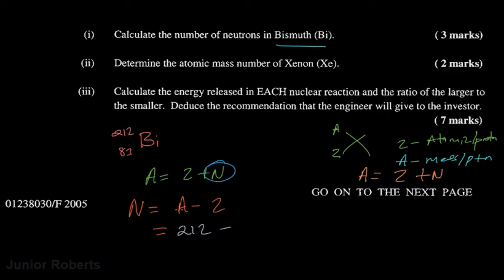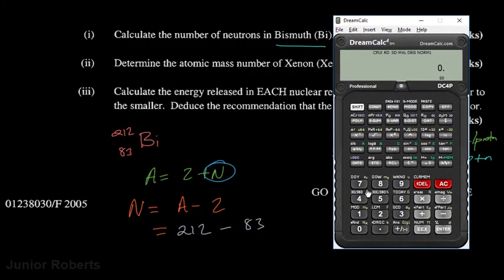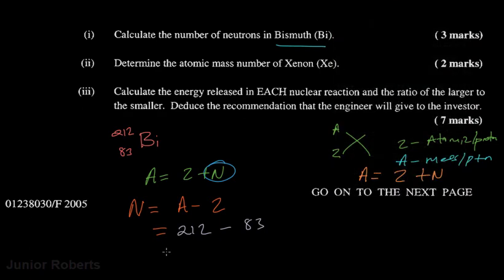So we say 212 minus 83 on our calculator, and we get an answer of 129. Therefore, bismuth contains 129 neutrons, which is what they wanted us to find here.